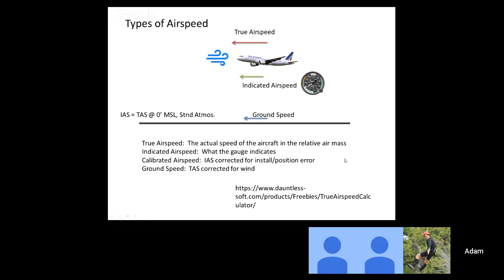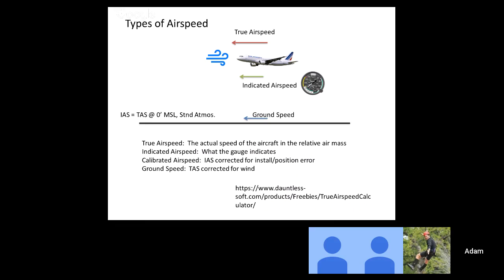So the airspeed indicator is just one element, or one set of definitions, where you have a bunch of V-speeds. There's also a whole list of airspeed types, for which the airspeed indicator is just one of those types.